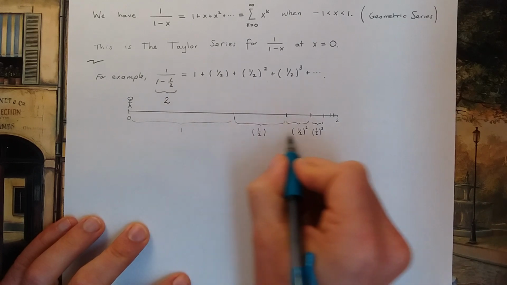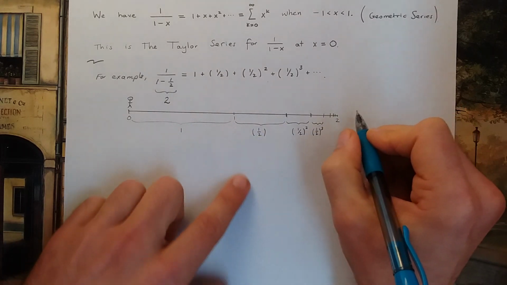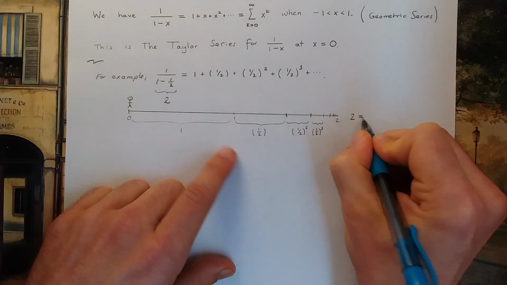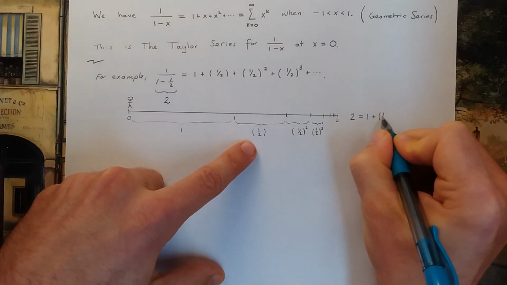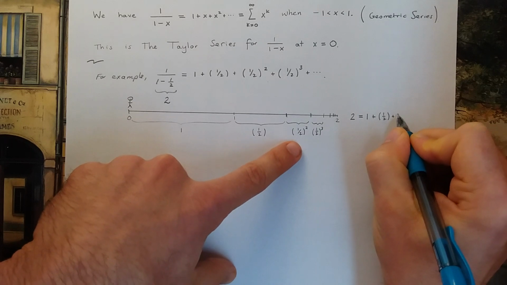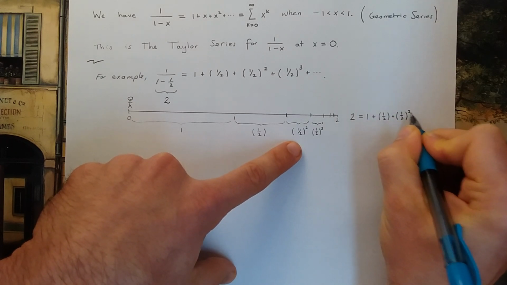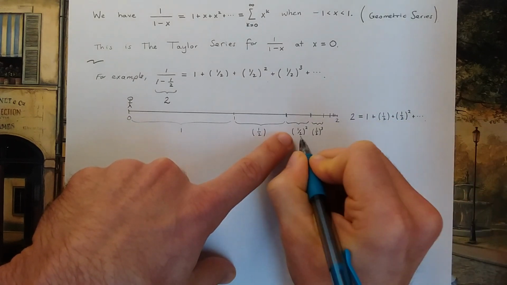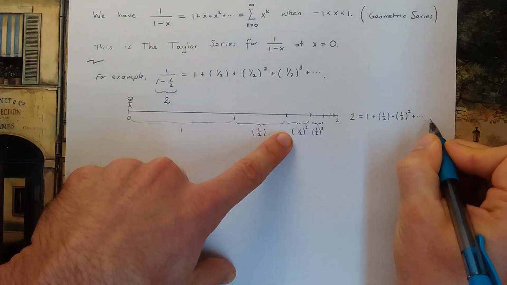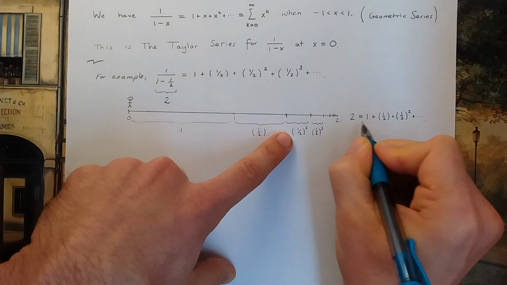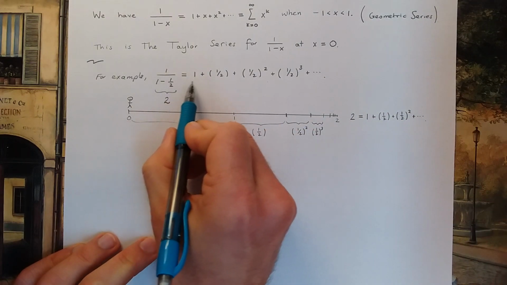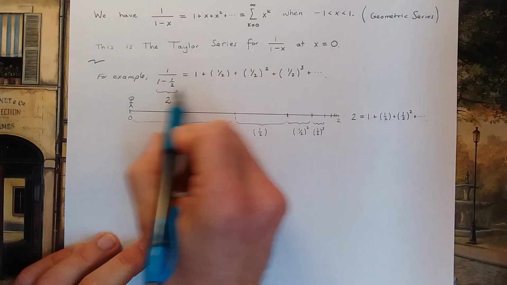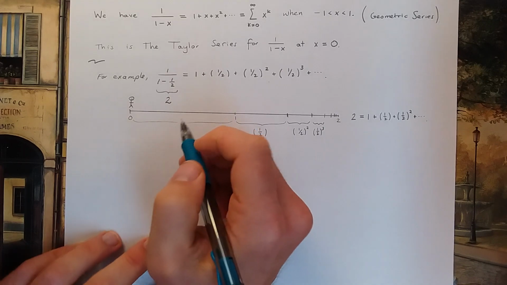So this is kind of a description showing why 2 is equal to 1 plus a distance of 1/2 plus a distance of 1/2 squared, and so on. I have to go all of these infinite number of distances to travel a length of 2. So that's kind of an interpretation of what this equation might mean in the case when I have 2.